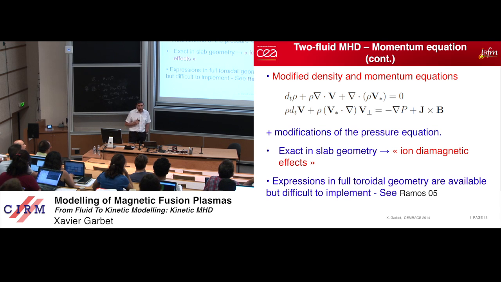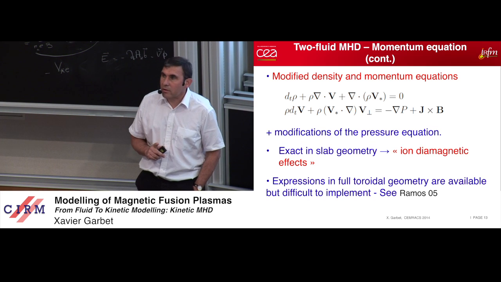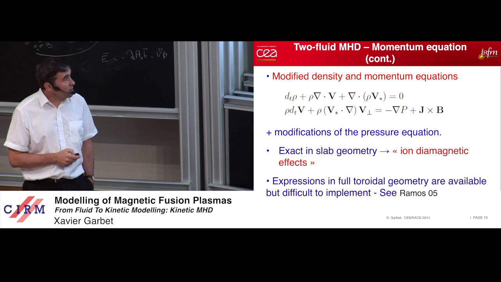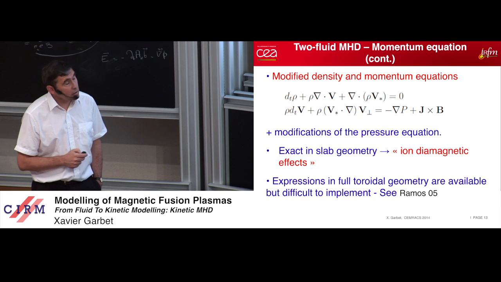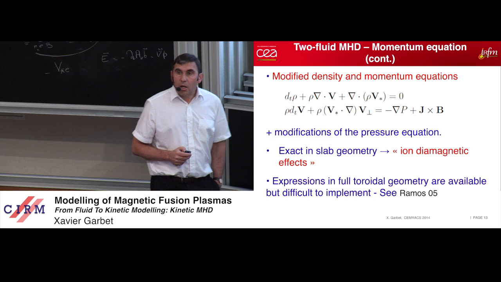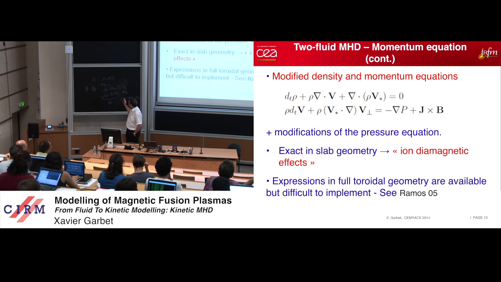Now, the reason why I was saying at the beginning that by doing that you incorporate a bit of the kinetic physics is that, by using the gyroviscous stress tensor, you are accounting for finite Larmor radius effects, which is part of the physics associated with the gyroaverage process in which the particle averages the field over its cyclotron motion.